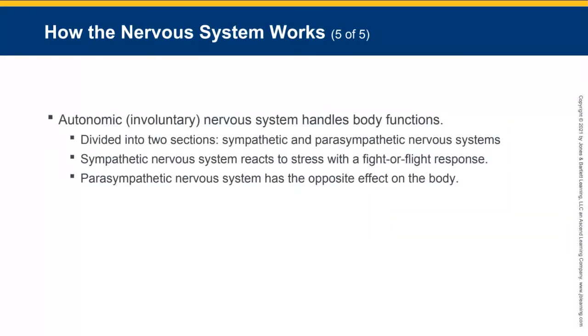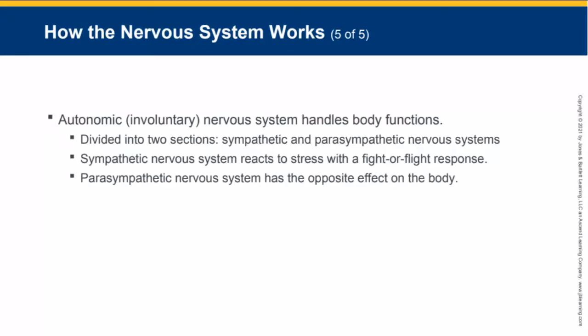Increases body functions. The parasympathetic, the prefix para, means half. So if the S in sympathetic represents speed, then parasympathetic means half speed. So the parasympathetic nervous system slows down functions.